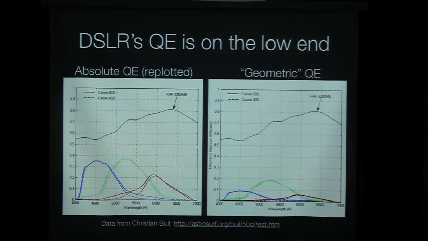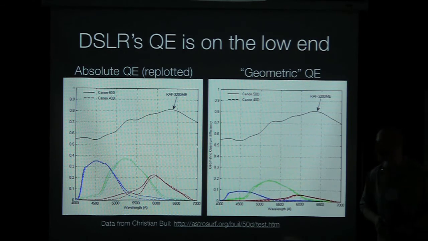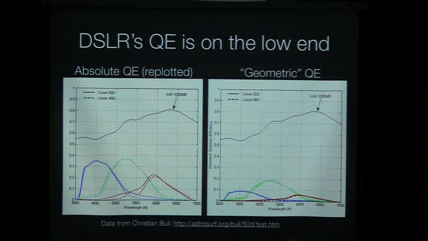By way of comparison, here's the KAF 3200ME. Here you actually have the digital SLRs. So again, you're getting a hit in the QE. Now, I think he's going on a little bit of a rant right now. He's come up with something he calls the geometric quantum efficiency. He says, okay, look, let's look at a little 2x2 grid here and say, what total SNR would I have in this little 2x2 grid?